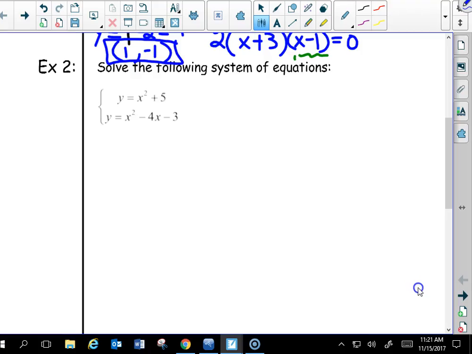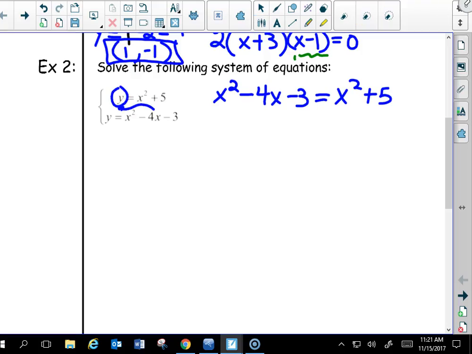Now, I like this system of equations because both equations are solved for y. So all I'm going to do is substitute on the left-hand side. I'm going to put the bottom equation, x squared minus 4x minus 3. And on the right-hand side, I can put x squared plus 5. So I substituted in the first equation for y. I substituted the expression that was solved for y in the second.